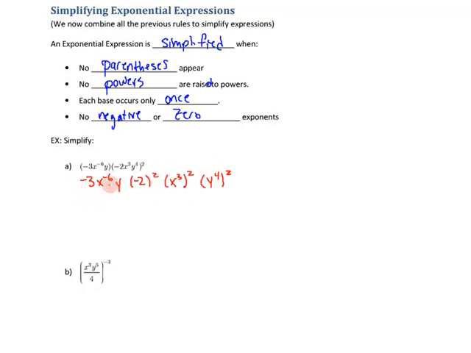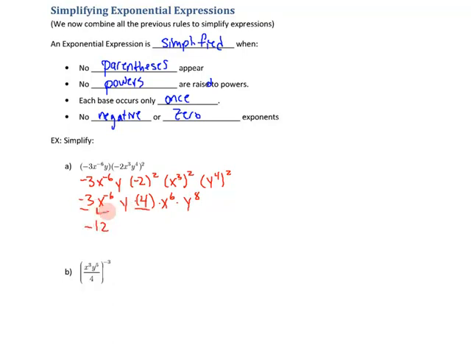So let's see what we got. Let's raise the ones that we can do. So we have negative 3 x to the minus 6th y. Negative 2 squared is times 4. X to the third to the second is x to the 6th. Y to the fourth squared is y to the 8th. Now we're going to put the factors together. Negative 3 times 4 is negative 12.